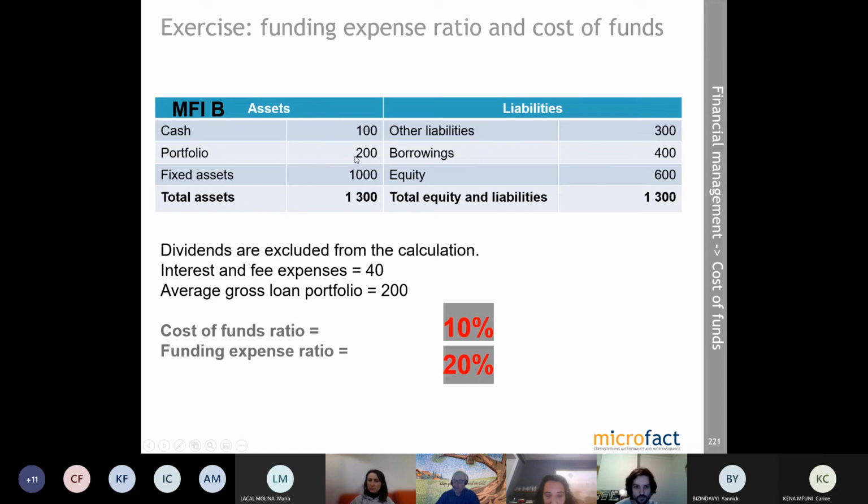If you look at the size of the portfolio compared to the total assets, they have a very tiny portfolio size. So this organization is actually not putting all the money. When you see this difference, you know immediately the main asset is not the gross loan portfolio. This is a situation that you normally don't see in a normal microfinance institution.